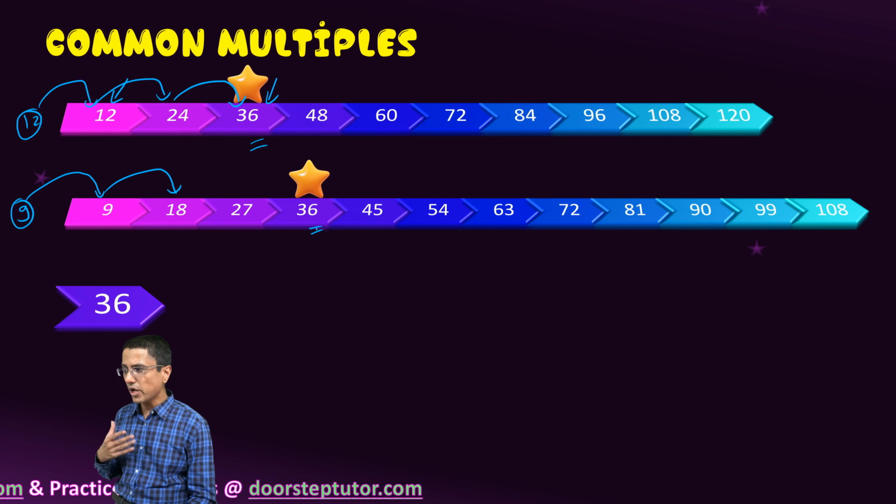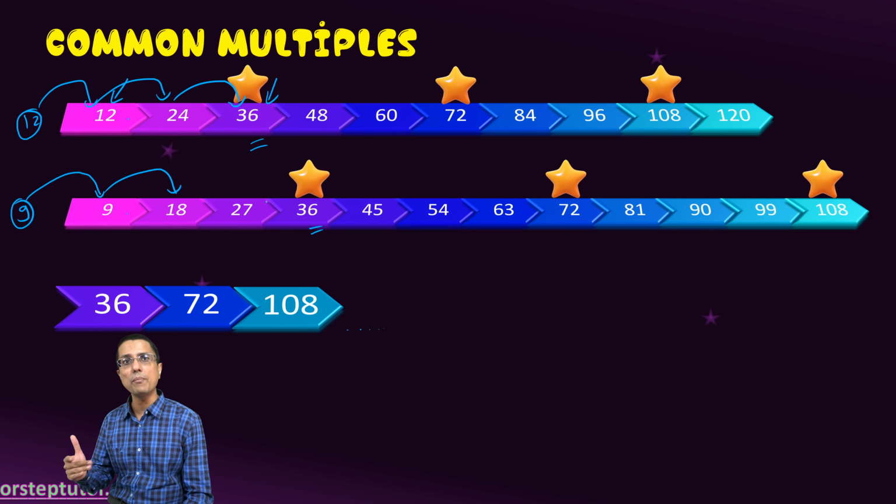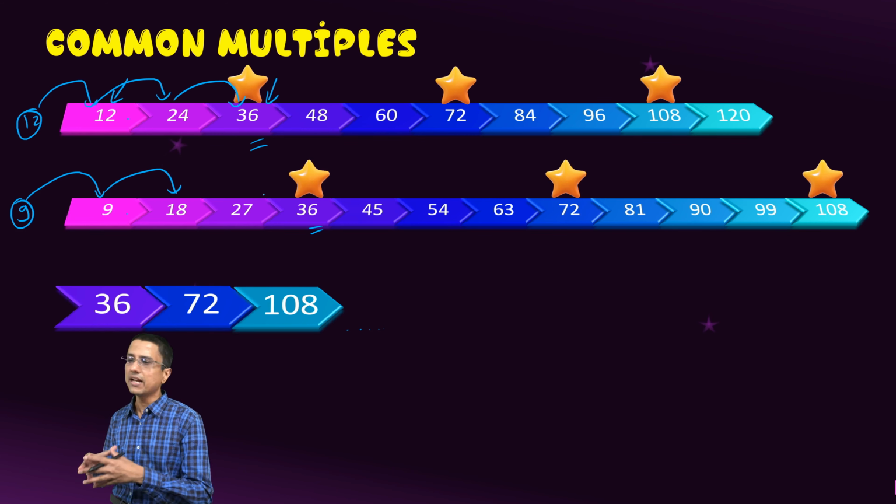Of course, the common multiples do not really end there, and I can come up with infinite such common multiples between 12 and 9. The important thing to note is the very first multiple common between 12 and 9 is 36, and that is known as the least common multiple.